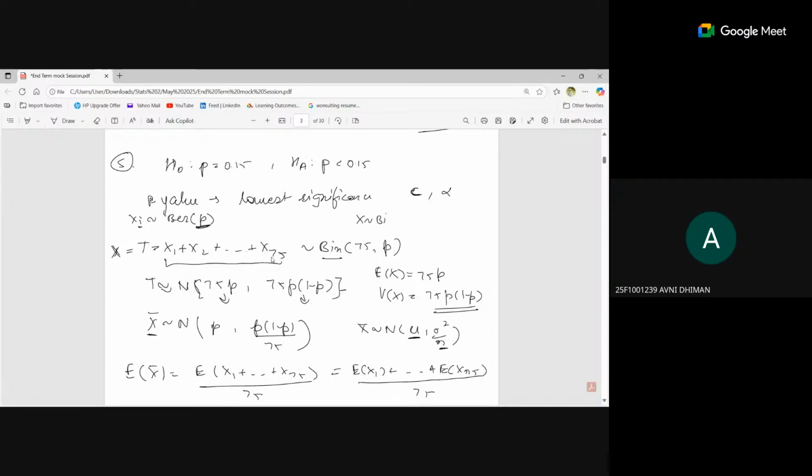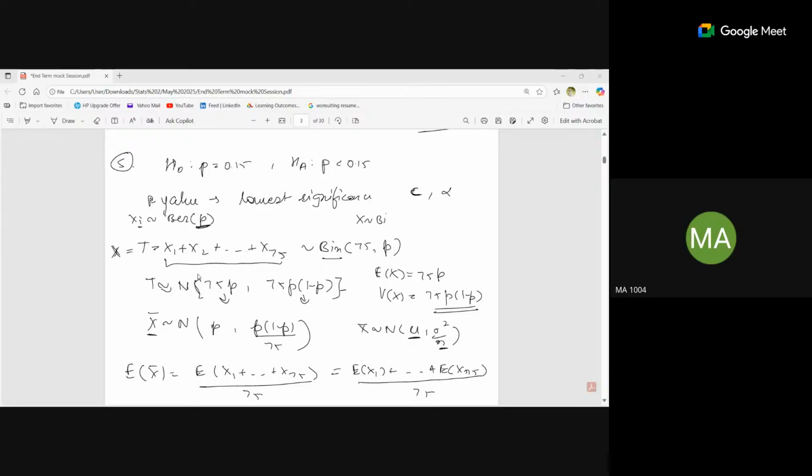It should be greater than, right? No. In the question it is given that the standard method of screening fails to detect the presence of the disease in 15% of the patients. So it is saying that it is failing to detect the presence, which is 15% of the patients.